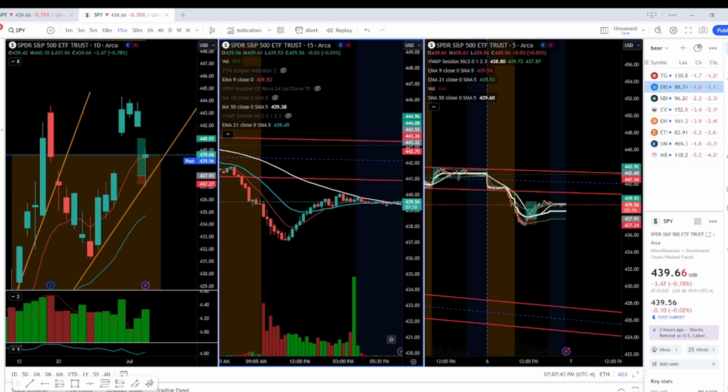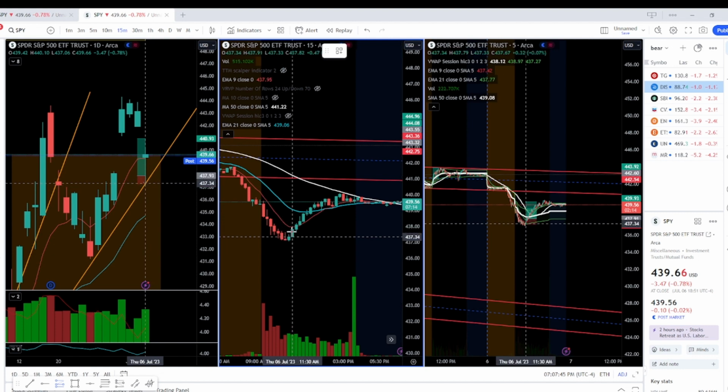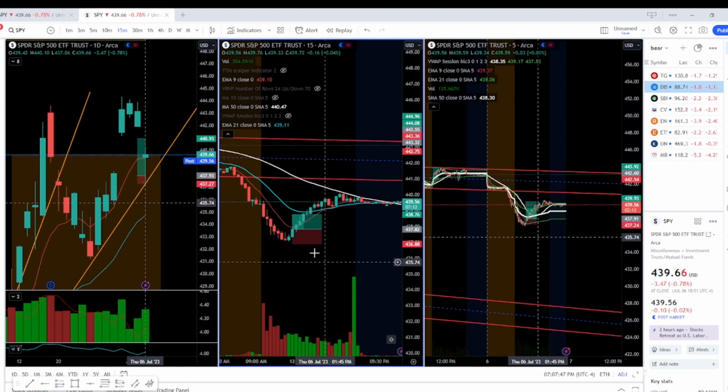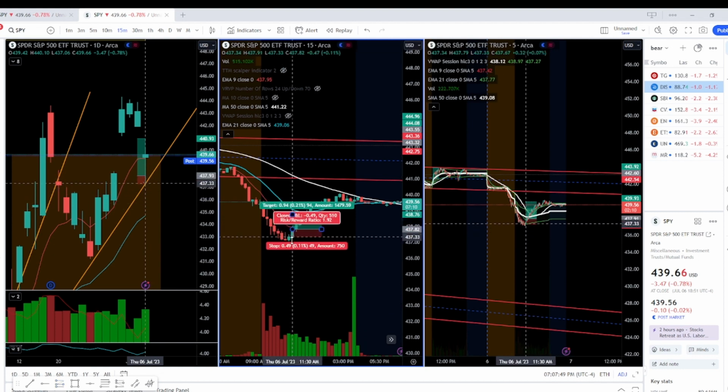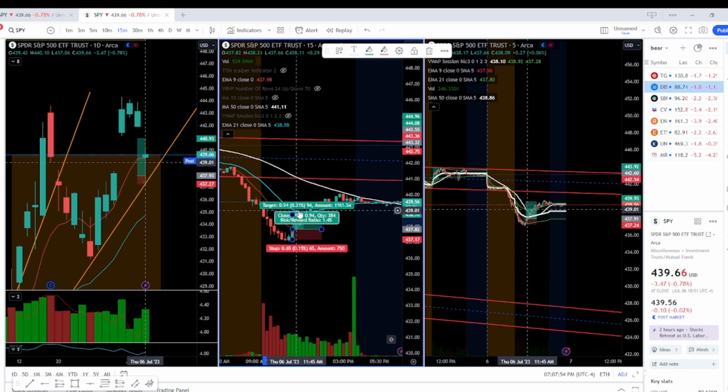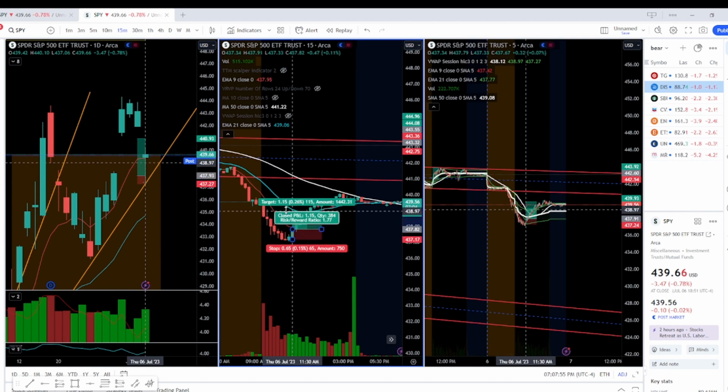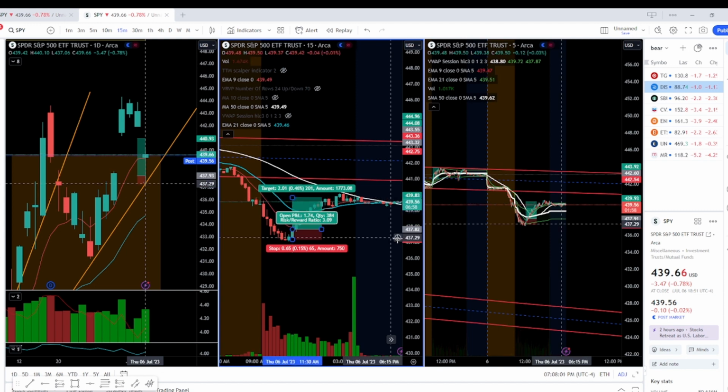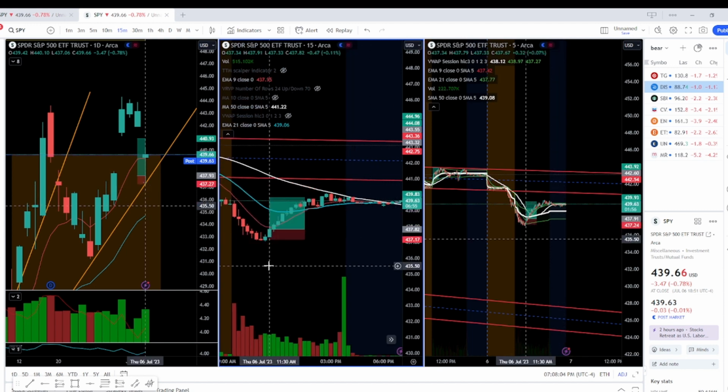If we map that out on this chart, you can clearly see here that risk would be right here, and reward would be about here, right? So definitely hit that 3-to-1 risk to reward today.